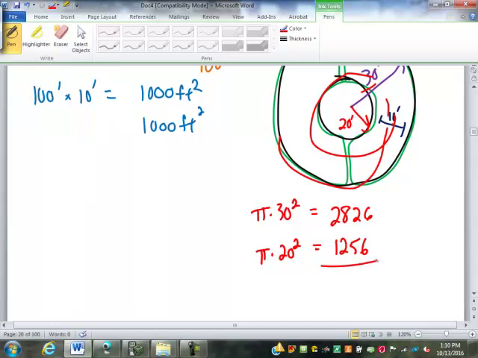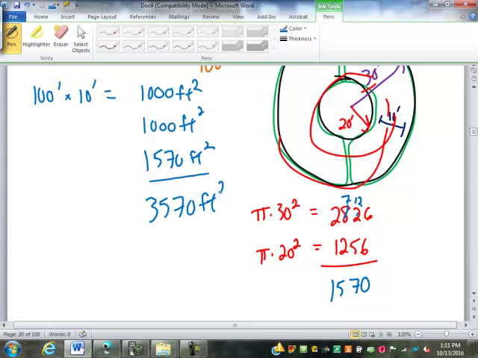Pi times 20 squared is 1256. We subtract, and you get 1570 as the area of the ring. So it's 3,570 square feet. Not so bad?